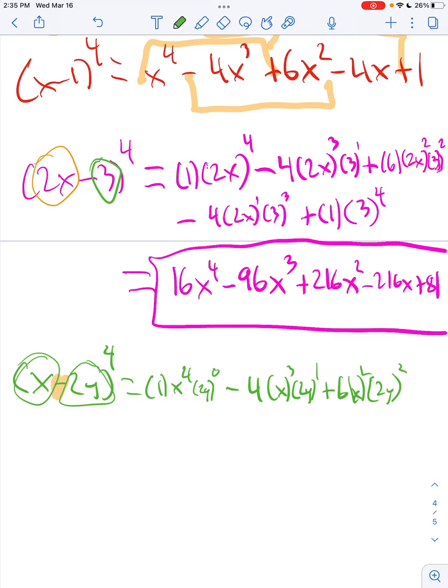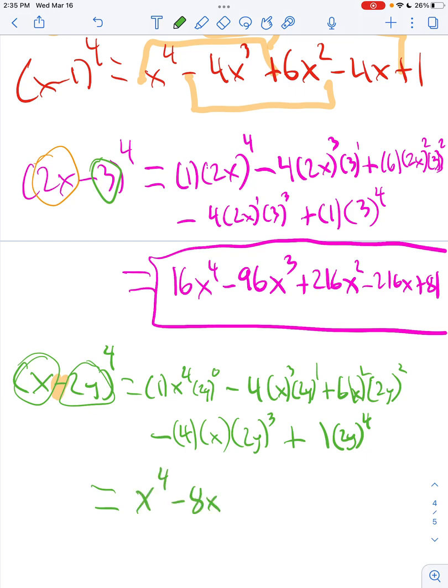2y squared. Oh, I forgot to alternate my signs. So this should be minus, plus, and then minus 4x times 2y to the third, plus 2y to the fourth. This is just a 1. It's easy to make a mistake when you're expanding these out.